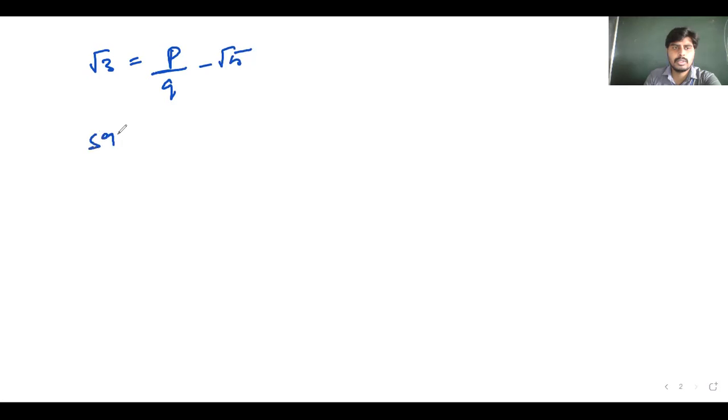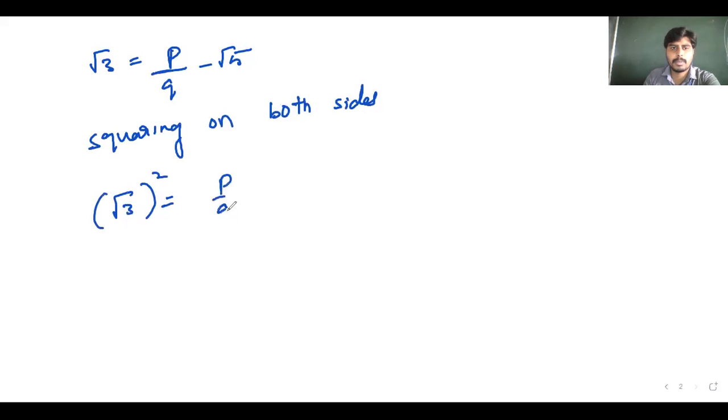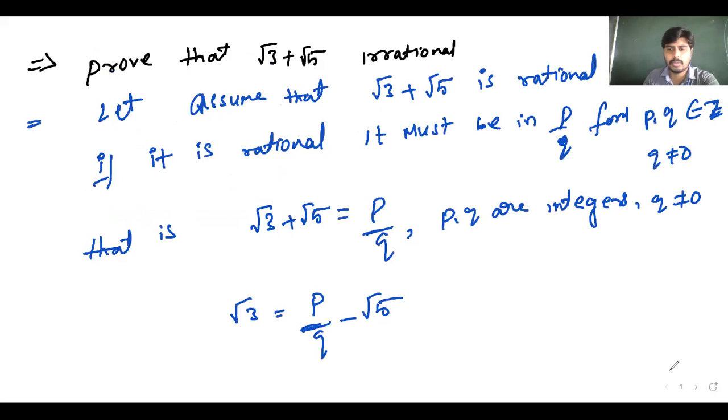Now, squaring on both sides. What do you get? Root 3 whole square and p by q minus root 5 whole square. Some people may ask, sir, can we take the squaring on both sides in this step only?